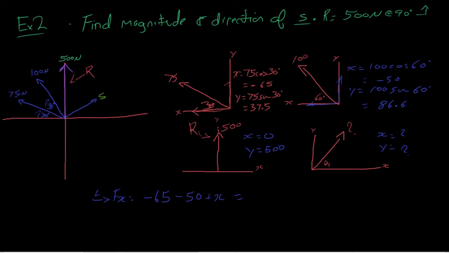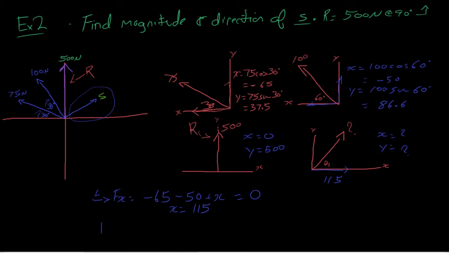The x component of the resultant is 0, so it's going to equal 0. So we're going to solve for x. X is equal to 115. So the component x for this is 115 of this unknown force that we're trying to find.